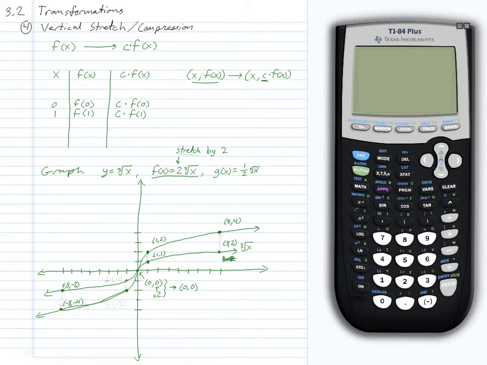And negative 1, negative 1 is stretched to a height of negative 2. I like to think of this as a factor or as a scalar rather than a stretch. It kind of confuses some folks to say stretch, especially when we might be stretching in the negative direction.